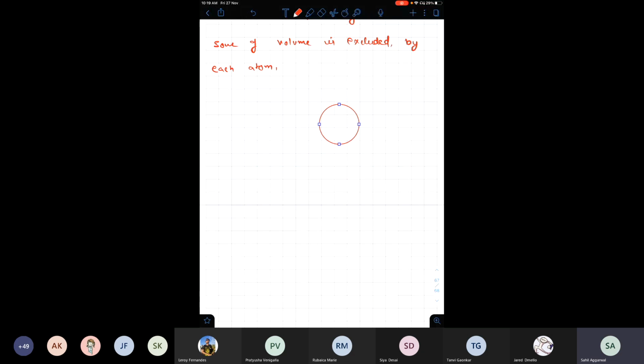For example, we have one atom, and we have another atom. So when it tries to come closer, this is its maximum limit. This much closer only it can come.